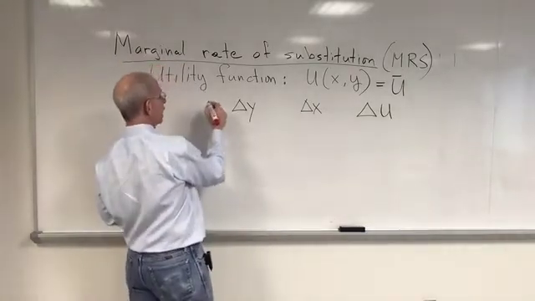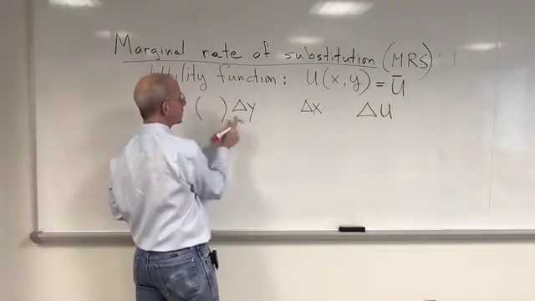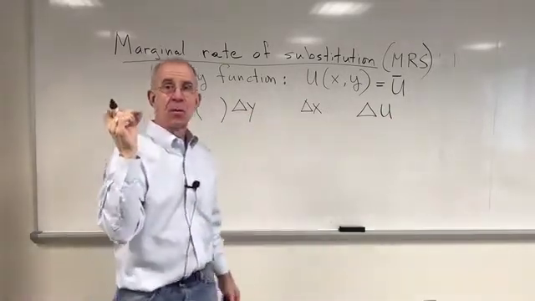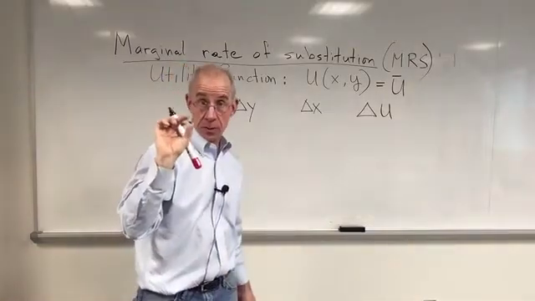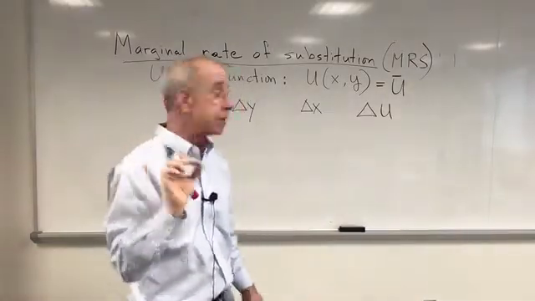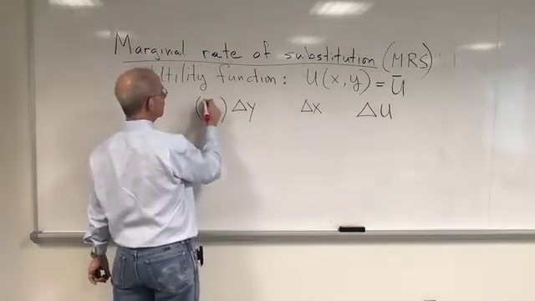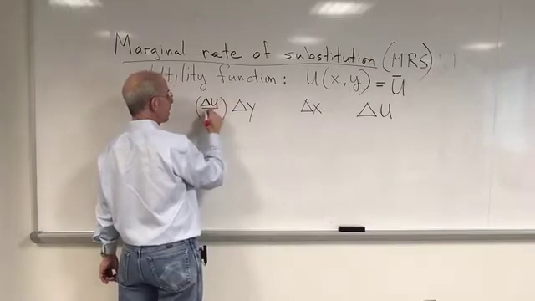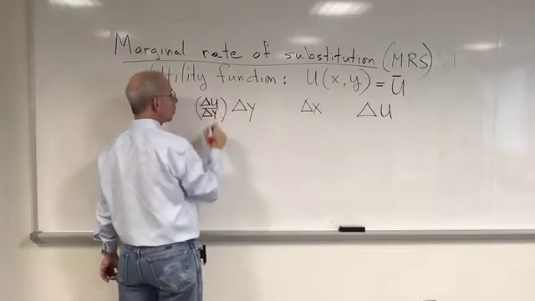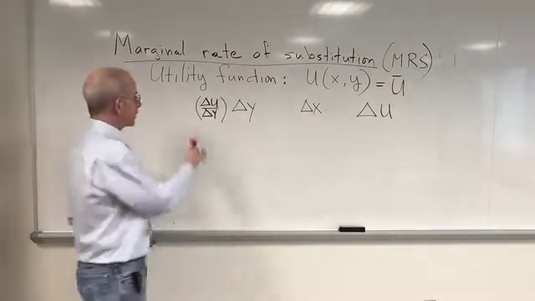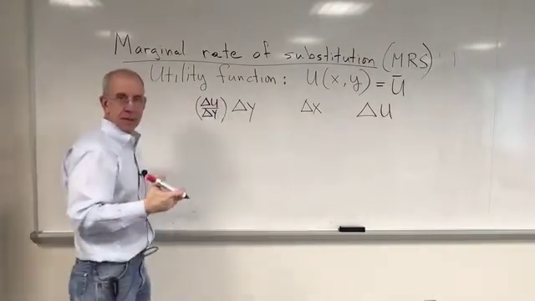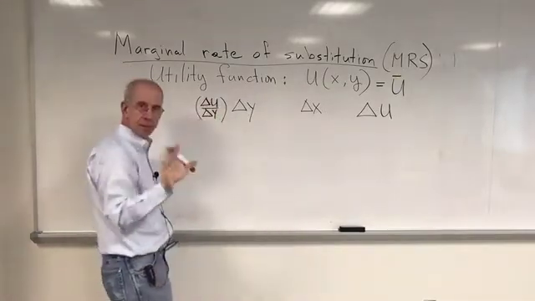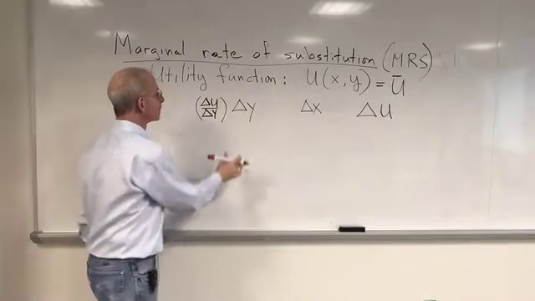But we also have not just how much Y has changed, but how sensitive consumers are, in terms of utility, to small changes in Y. And I'm going to depict this as the change in utility divided by the change in Y. Now, loosely, you can think of these delta Y's as canceling out and left with the change in utility, but let's leave it in here.